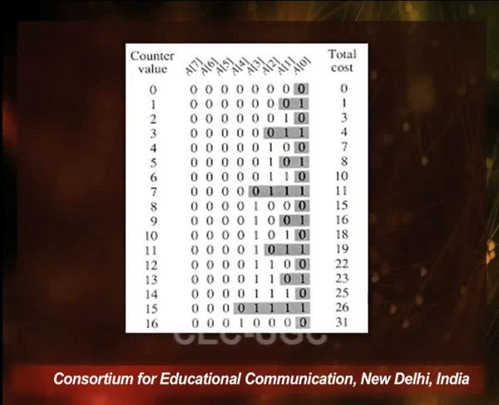No. For 0 and 1, the value of A1 is 0. Then for 2 it is 1, for 3 it is also 1, then for 4 and 5 it is 0, then for 6 and 7 it is 1. So basically it is flipping every alternate time. And looking at A2, you will notice that it is flipping after every 4 increment operations.